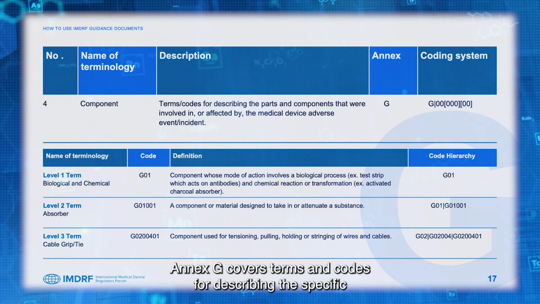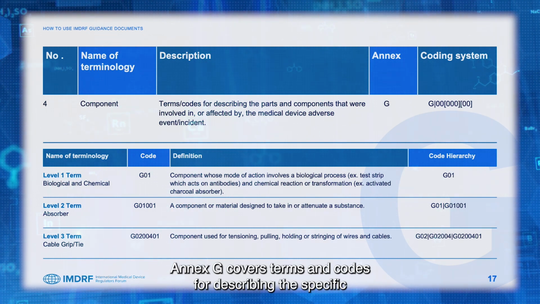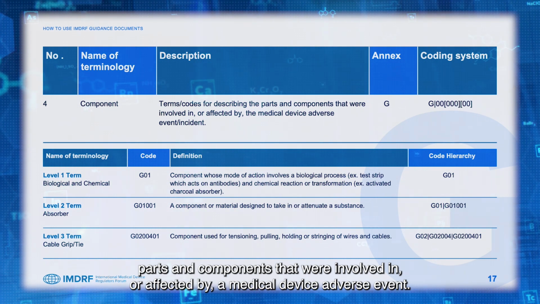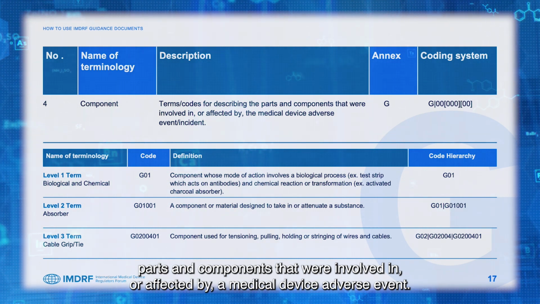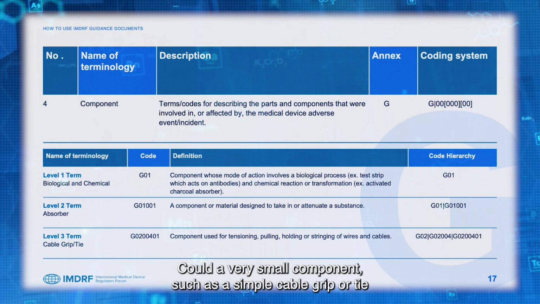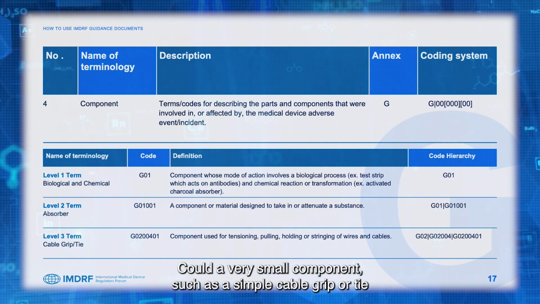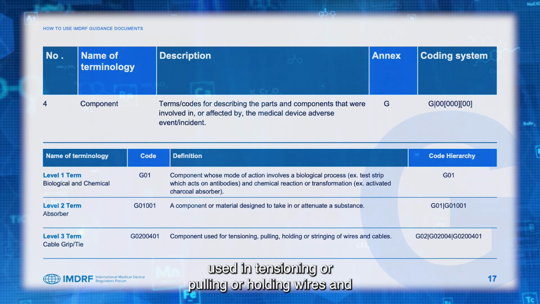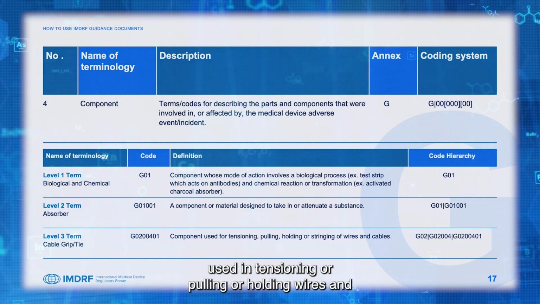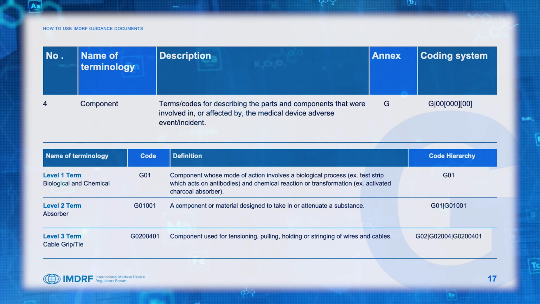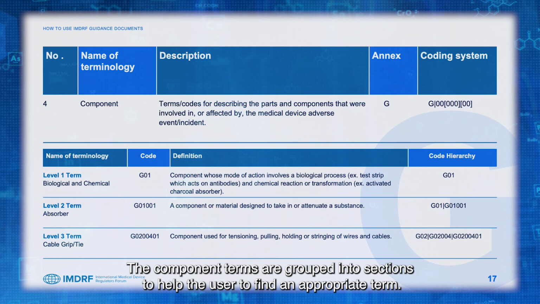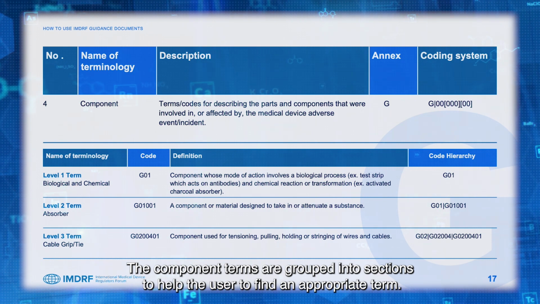Annex G covers terms and codes for describing the specific parts and components that were involved or affected by a medical device adverse event. Could a very small component, such as a simple cable grip or tie, used in tensioning or pulling or holding wires and cables, be involved? The component terms are grouped into sections to help the user to find an appropriate term.